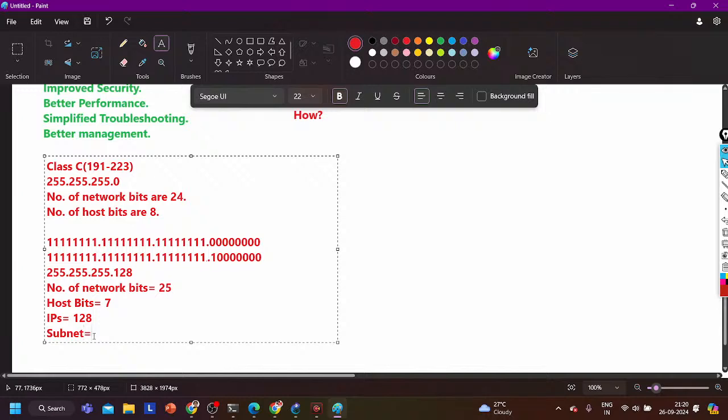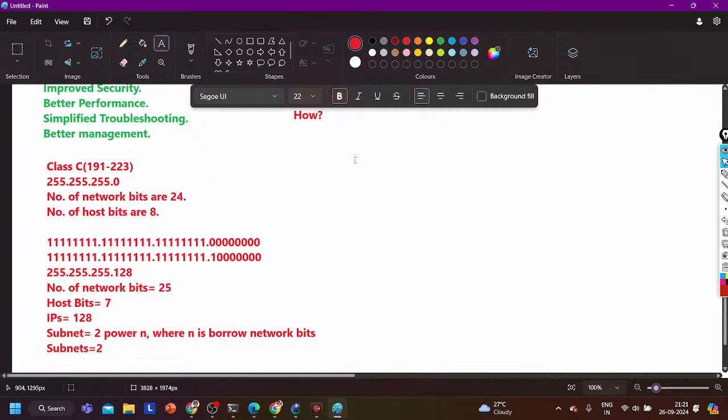So the formula to calculate the number of subnets is 2 power n, where n is the number of borrowed network bits. So how many bits have I borrowed? 1. So guys, how many subnets are there? 2 power 1 means 2 subnets are there.